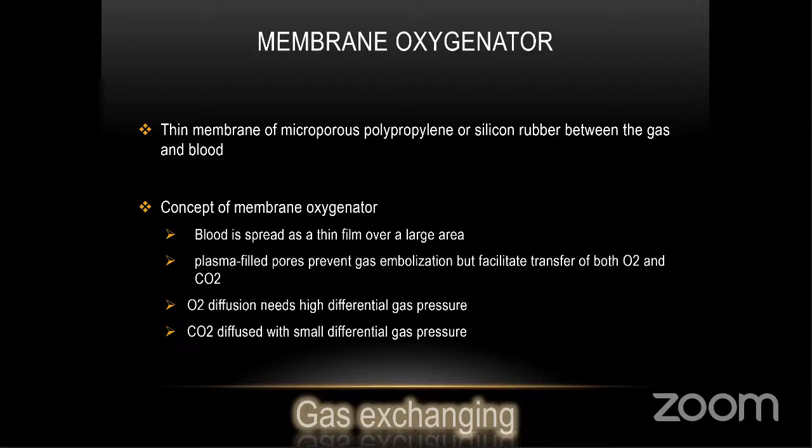The concept of the membrane oxygenator is that blood is spread as a thin film over a large area, and plasma-filled pores prevent gas embolization but facilitate transfer of both oxygen and carbon dioxide.